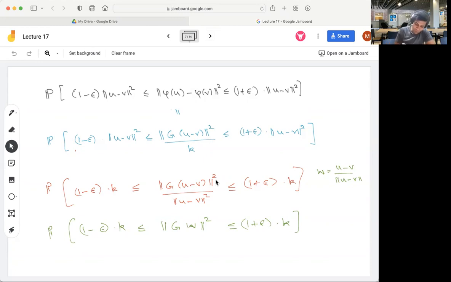And we want to prove that for a unit vector w, we'll forget about how we got to w. The probability that this event does not happen is really small. So the probability that what's written here does happen is extremely large.